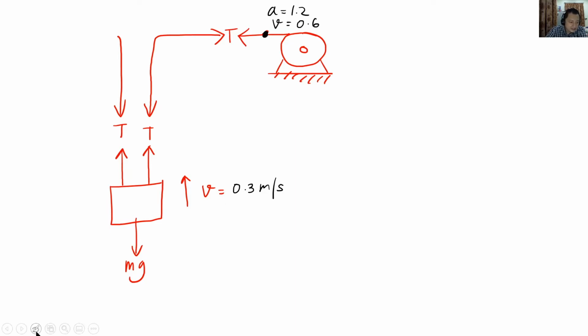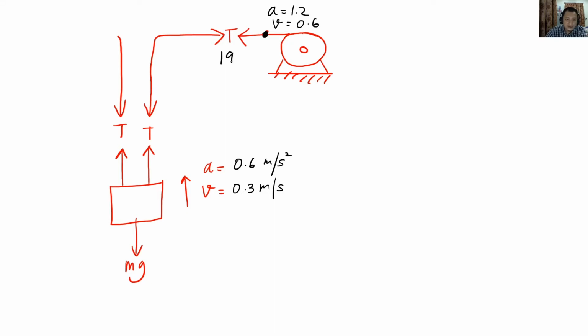What else? Acceleration here will definitely be, if this is 1.2, this is actually 0.6 meter per second squared. So what do we want to know? Tension.